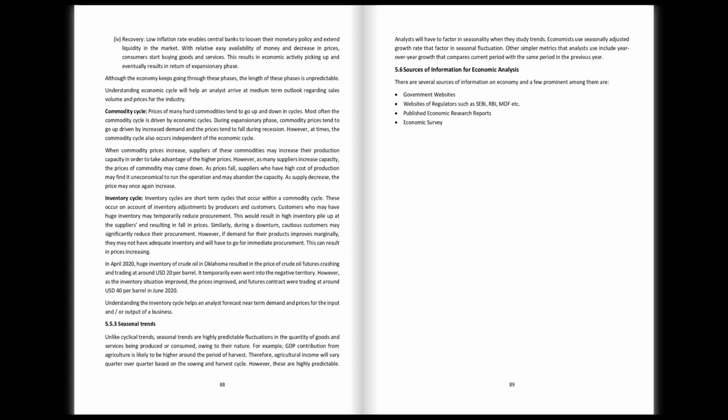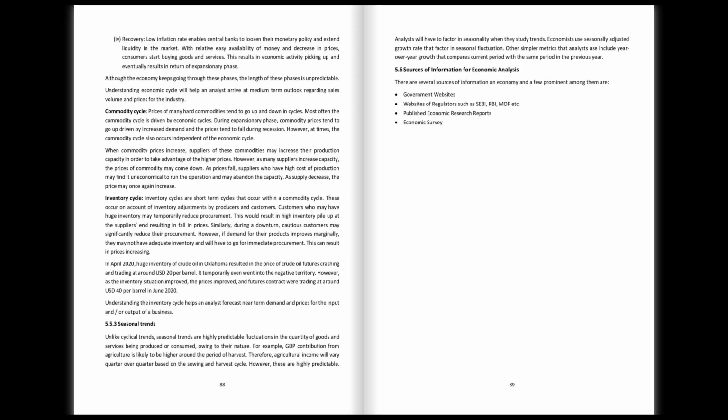Commodity cycle. Prices of many hard commodities tend to go up and down in cycles. Most often, the commodity cycle is driven by economic cycles. During the expansionary phase, commodity prices tend to go up driven by increased demand and the prices tend to fall during recession. However, at times, the commodity cycle also occurs independent of the economic cycle.